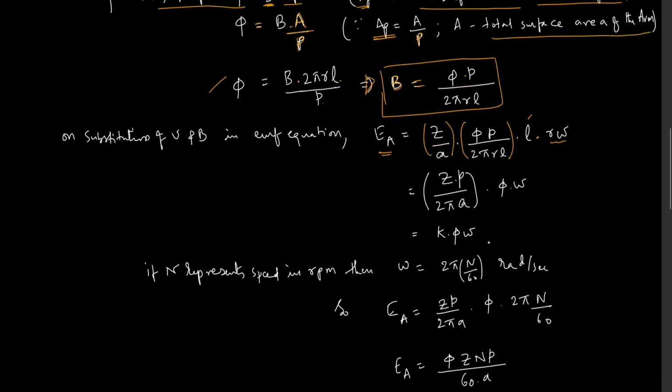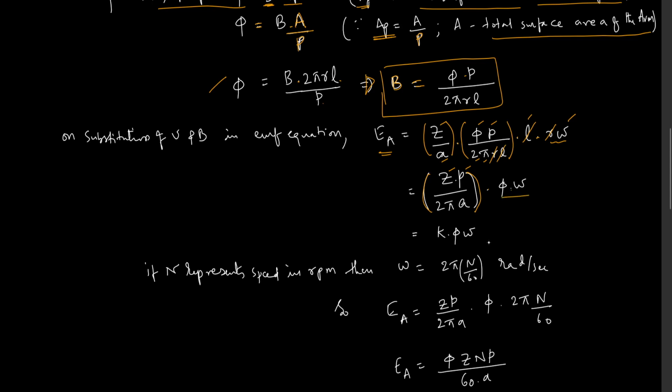After cancellation, R and L go from numerator and denominator, and we have Z into P by 2 pi A into phi and omega.